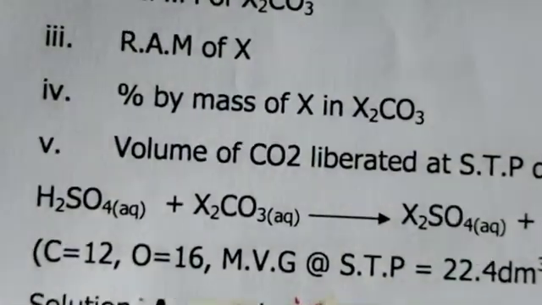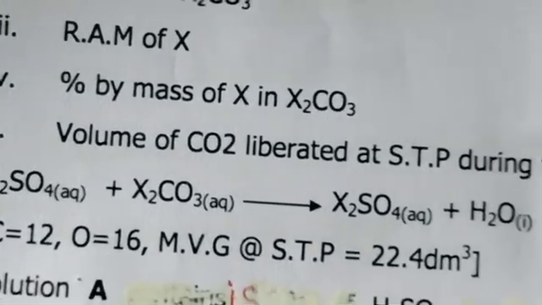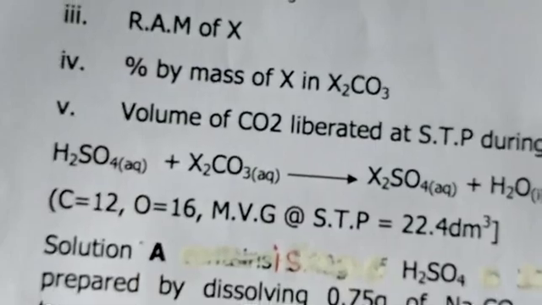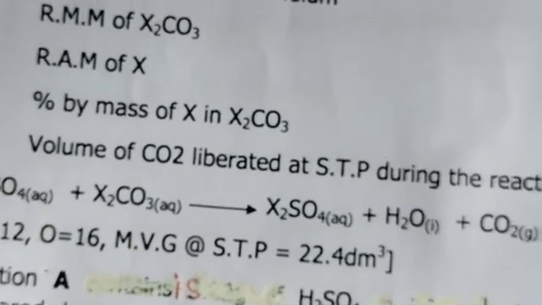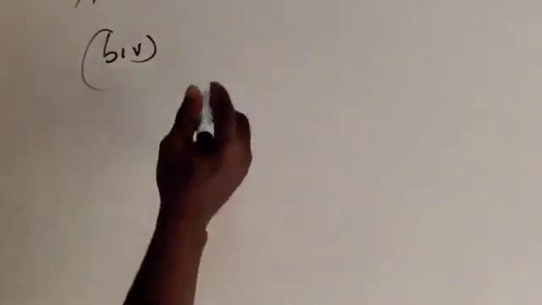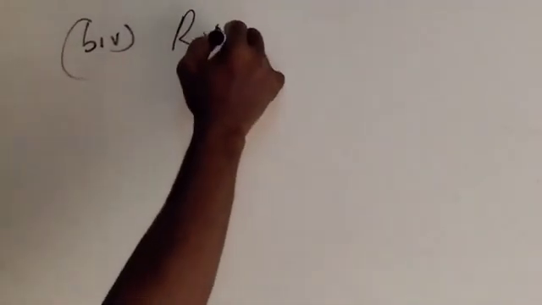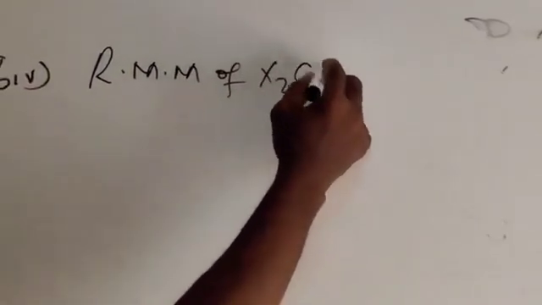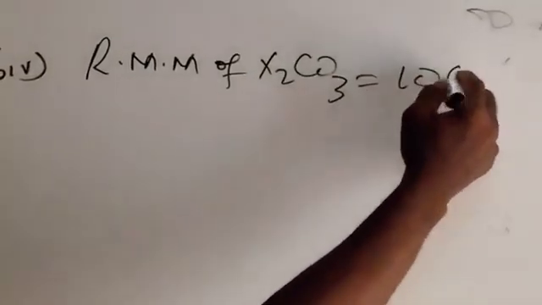We'll now go to question IV that says percentage by mass of S in S2CO3. Before we do that, we have to go back to what we got earlier, which is the relative molecular mass of S2CO3, 106.